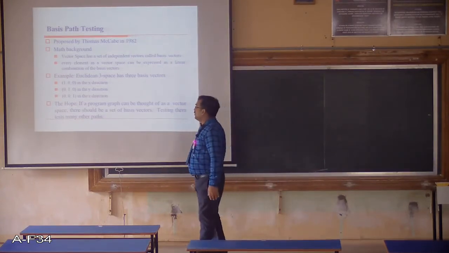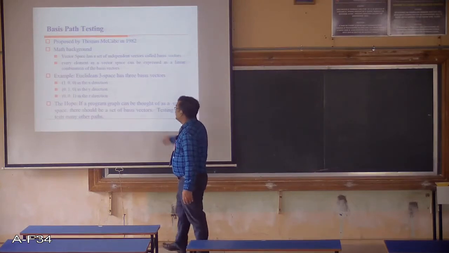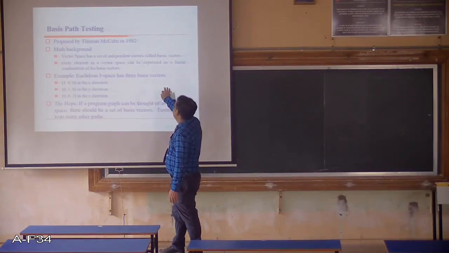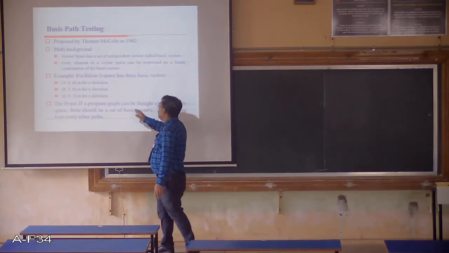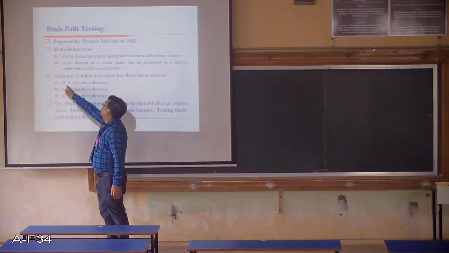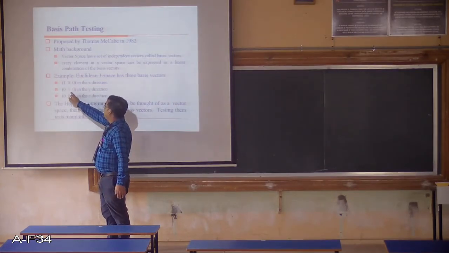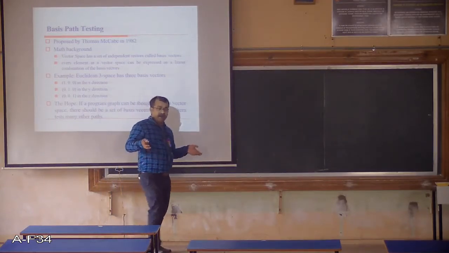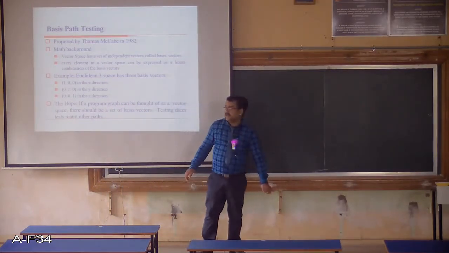That is what a basis vector is. One example: a Euclidean 3-space has three basis vectors, defined by the x direction 1, the y direction 1, and the z direction 1. So in combination you can find all other vectors in this particular vector space.